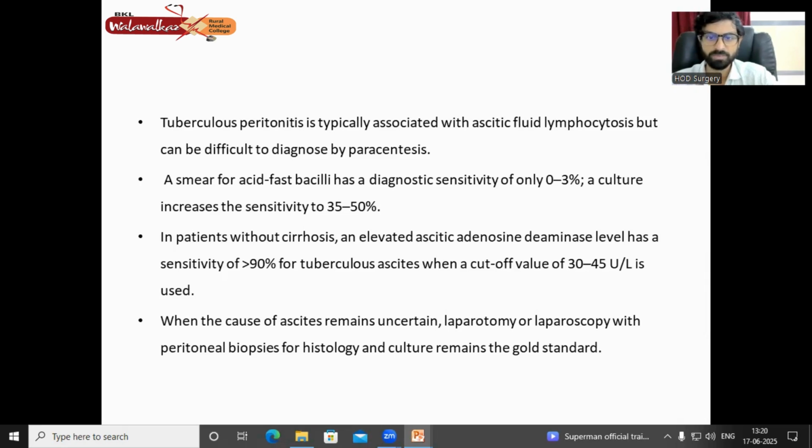When the cause of ascites remains uncertain after all investigation, a laparotomy or laparoscopy is indicated, and peritoneal biopsies should be done for histology, and culture remains the gold standard for diagnosis of tuberculosis.